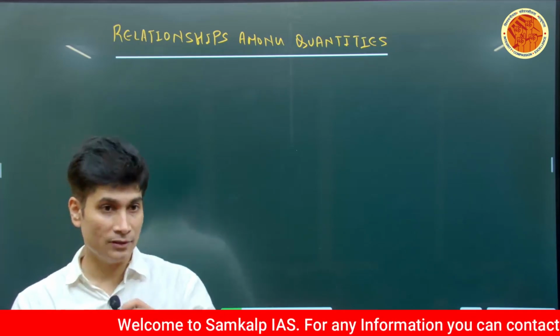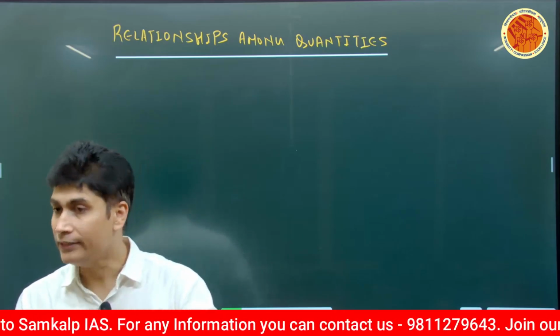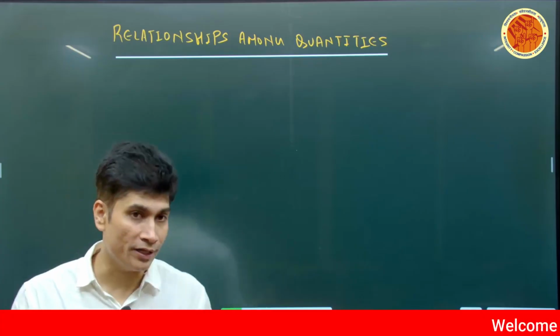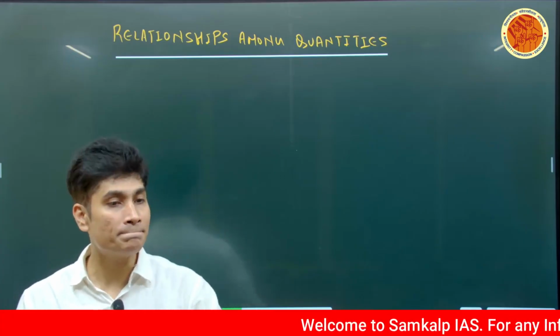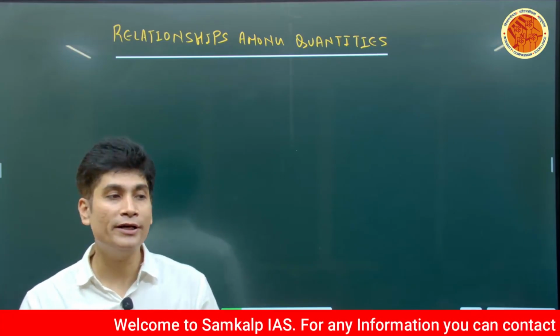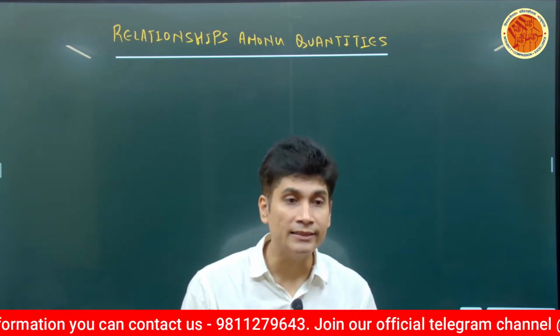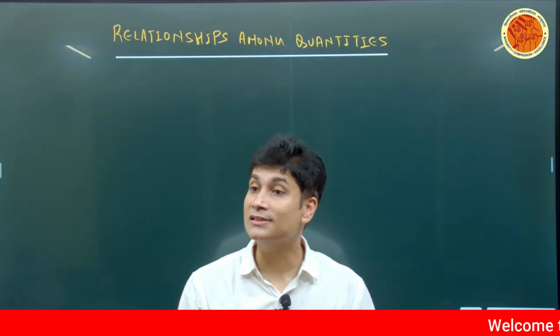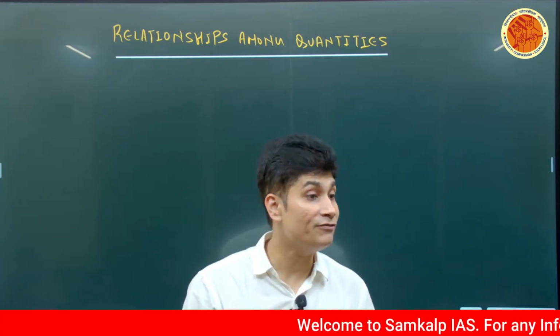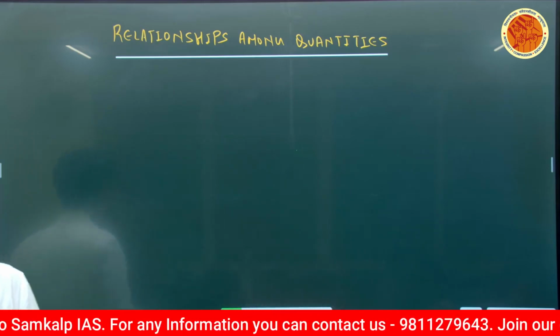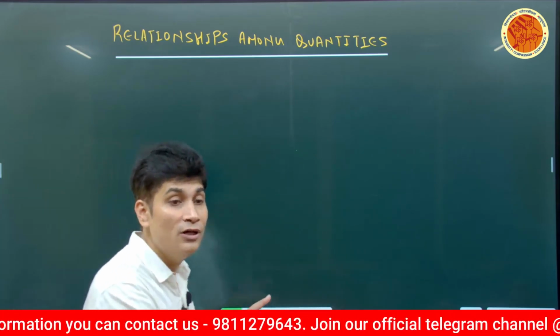So in arithmetic we have to go through scalar quantity only. And what kind of scalar quantity? Speed, time, distance, price, consumption, expenditure, work, efficiency, number of days, number of persons.